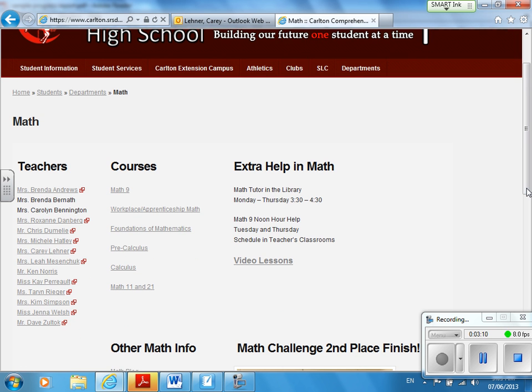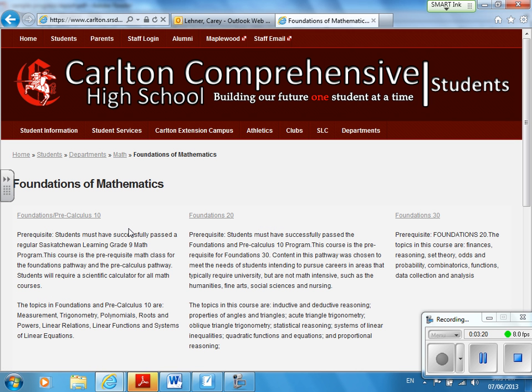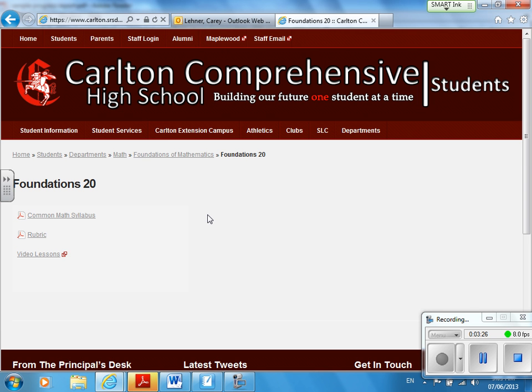And you can choose whichever course your son or daughter is in. If they are in a Foundations of Math class, we will click on Foundations of Math. And if they are in Foundations 20, you can click on Foundations 20, and then it will bring up the option where you can then click on the rubric. And then you can find the outcome that you are looking for.